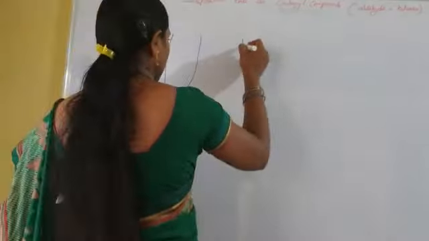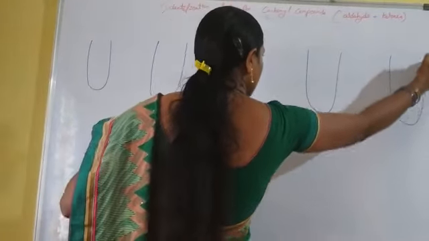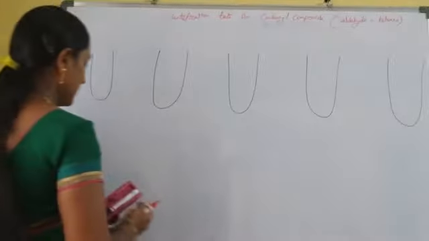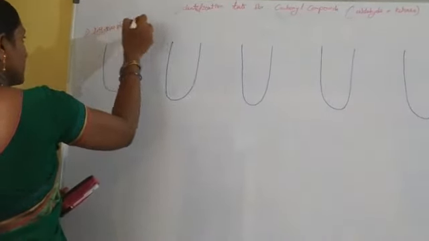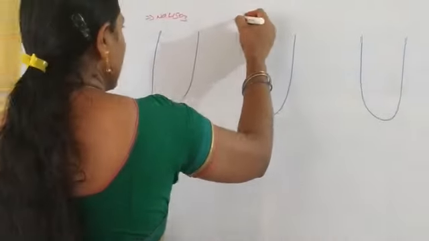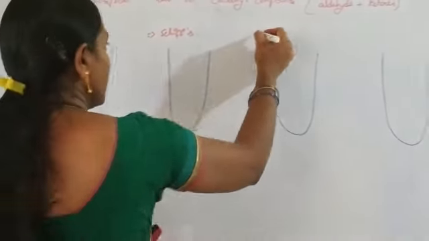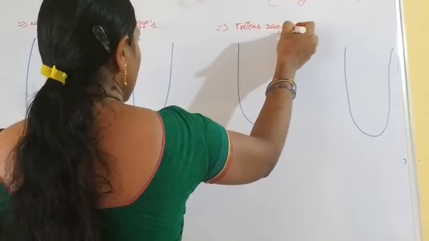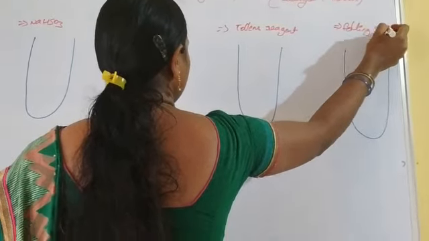The unknown solution is taken in 5 beakers. In the first beaker the test is the 2,4-DNPH test, the second beaker is the sodium bisulfite test, the third beaker is Schiff's test, the fourth beaker has the Tollens reagent test, and the fifth beaker has the Fehling solution test.